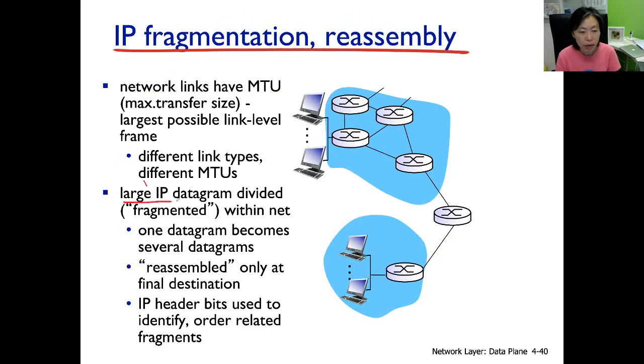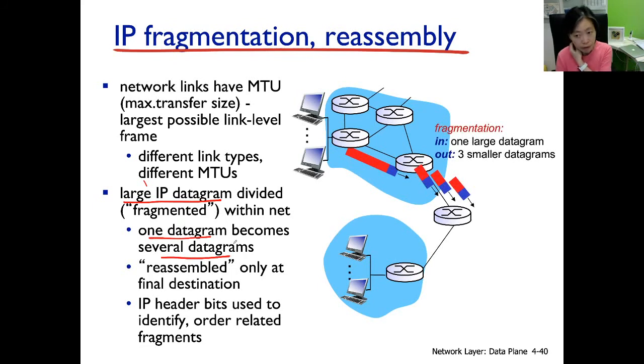A large IP datagram needs to be divided into multiple parts when we run into a link that defines a smaller MTU. So one datagram will become several datagrams like this. Note that these smaller ones are not frames. These smaller ones are IP datagrams.